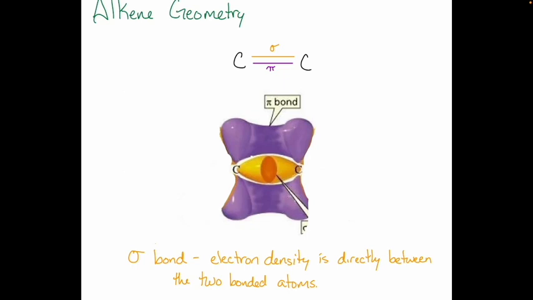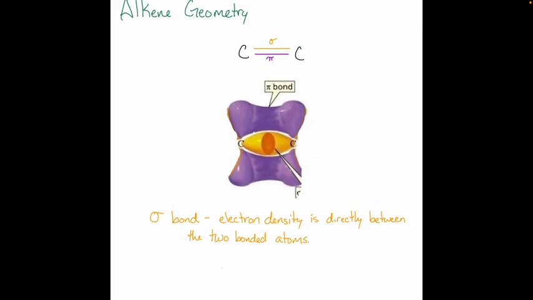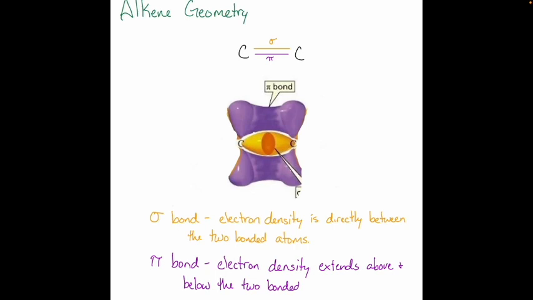All right, but that second bond, that pi bond, is a little weird. The overlap of those electrons actually extends out above and below those atoms. Okay, so in a pi bond, that electron density extends above and below the two bonded atoms.